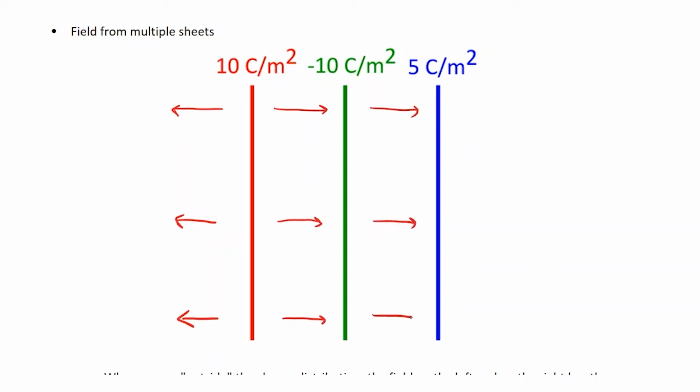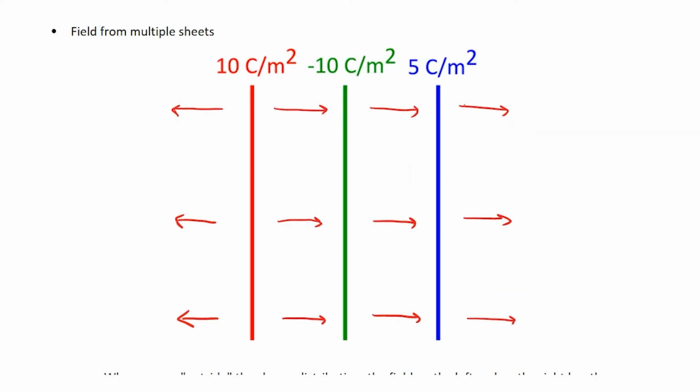Now, you see how I'm not changing the size of the arrows or the density of the arrows? I'm using the fact that the field from an infinite sheet doesn't diminish with distance. Now, I haven't shown it to you yet, but it's actually part of this tutorial, so just bear with me. Okay, this is for the red sheet.